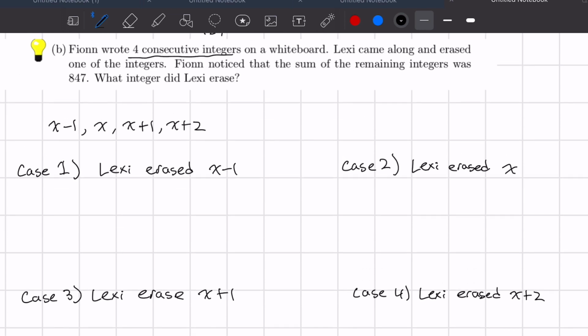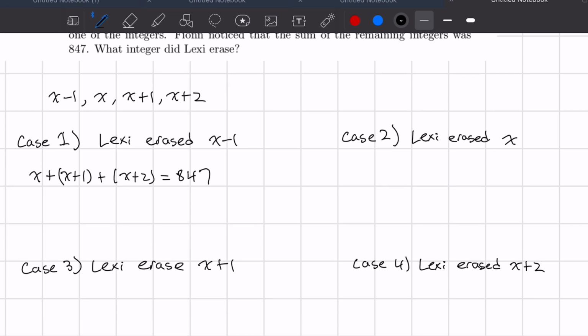So for the first case, since Lexi erased x minus 1, the remaining integers x plus 1 plus x plus 2 should equal 847. So let's see if we actually get the x value, which is an integer. 3x plus 3 equals 847, 3x equals 844.